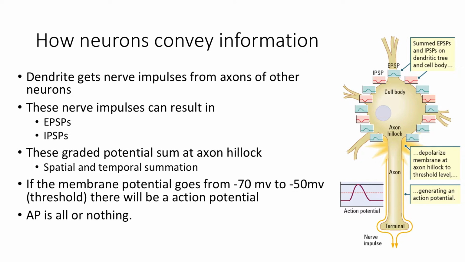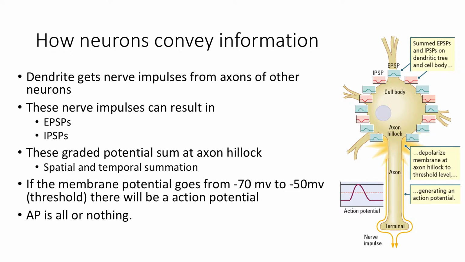When an EPSP occurs, the cell membrane depolarizes, making the inside of the cell a little bit more positive compared to the outside of the cell. So this is excitatory, and it makes the cell more likely to fire an action potential.